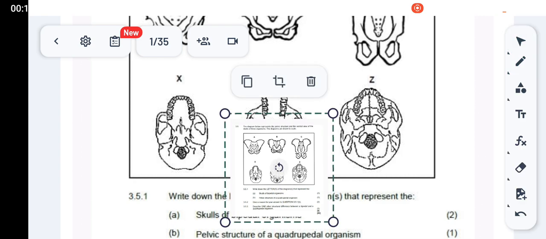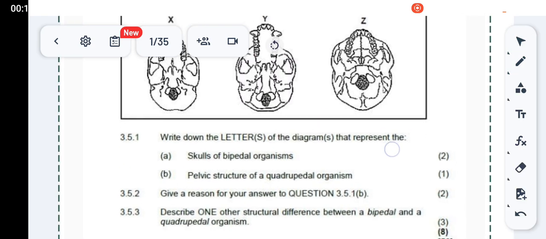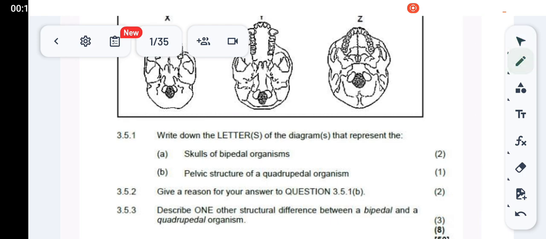Okay, the next question, they say, write down the letter of the diagram that represents the pelvic structure of a quadrupedal organism. What is quadrupedal? That is knuckle walking. So when you're talking about quadrupedal organisms, you're basically talking about organisms such as monkeys, African apes, gorillas.